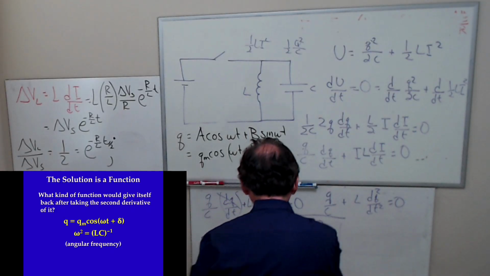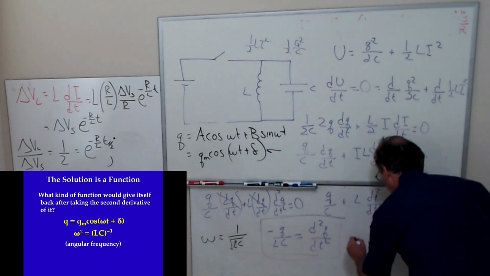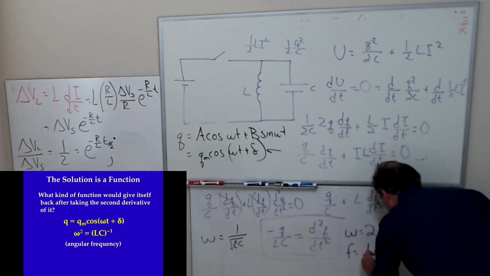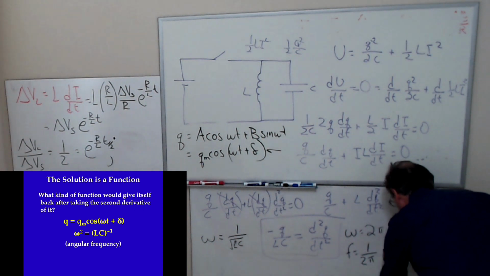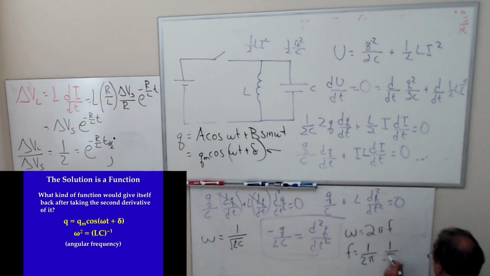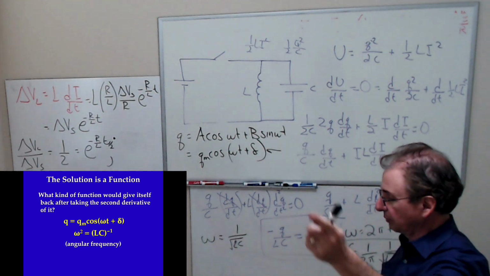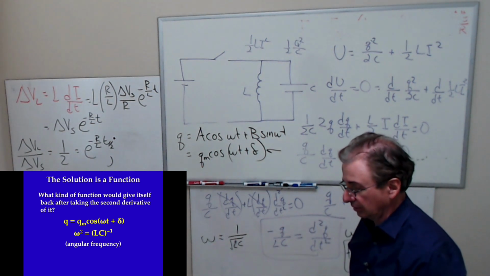Since this is a frequency, omega is 2 pi times the frequency. This represents the frequency at which the energy is transferred between the capacitor and the inductor.